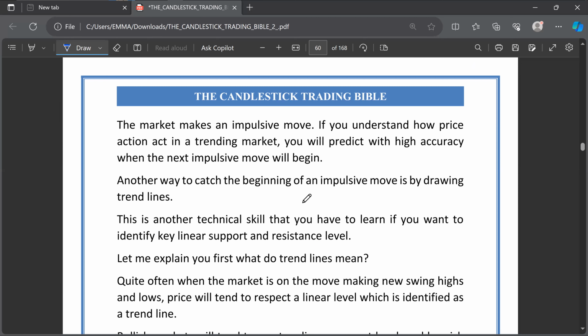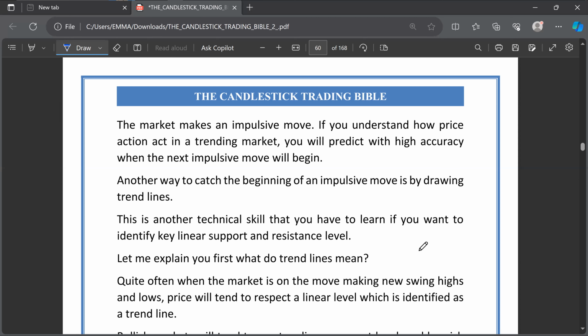Another way to catch the beginning of an impulsive move is by drawing trend lines, like I said. In the same way we use the horizontal lines for support and resistance levels, we can use the sloping ones to also identify our support and resistance levels.